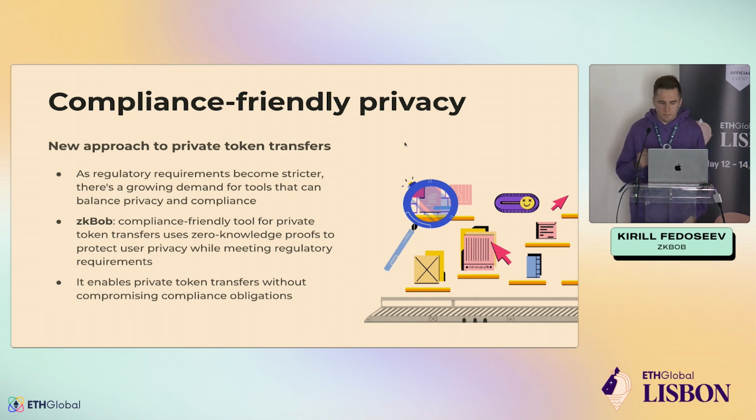And so at zkBob, we are trying to build this and find the right balance between compliance and the level of privacy. And yeah, so that users can still achieve the level of privacy they require without actually triggering any red flags from the regulators or other authorities.